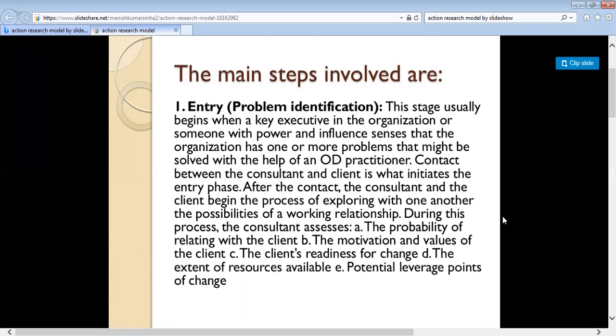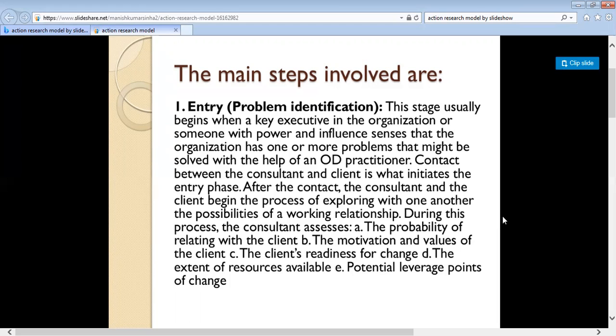Contact between the consultant and the client is what initiates the interface. After the contact, the consultant and the client begin the process of exploring with one another the possibilities of a working relationship. During this process, the consultant assesses lots of issues.